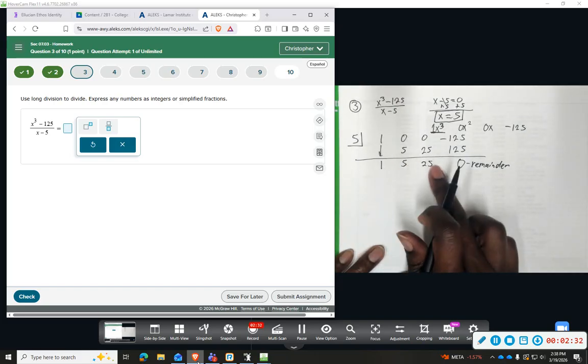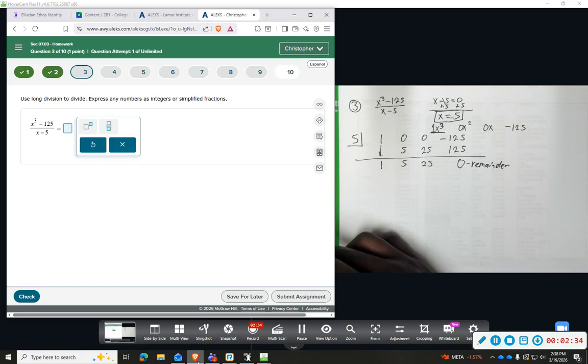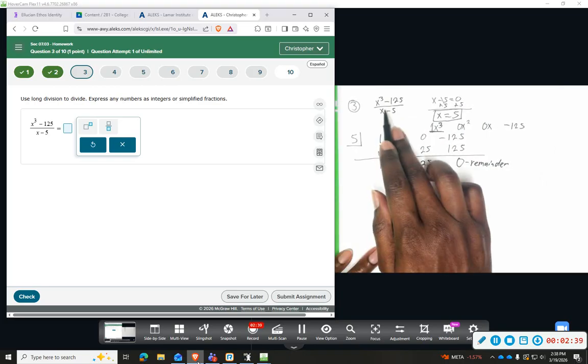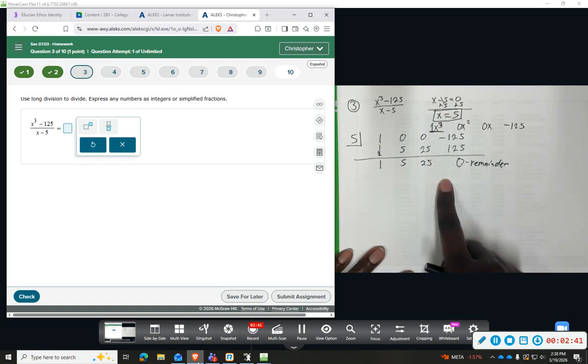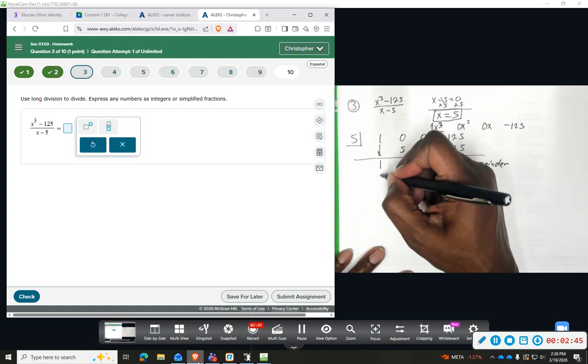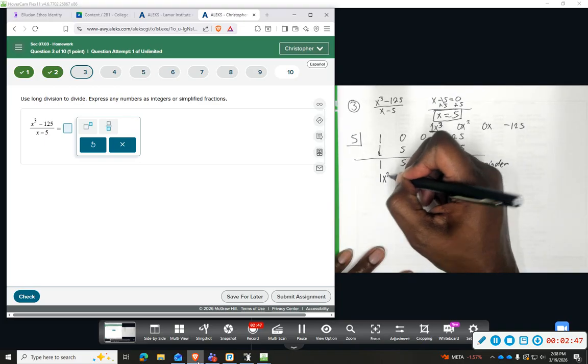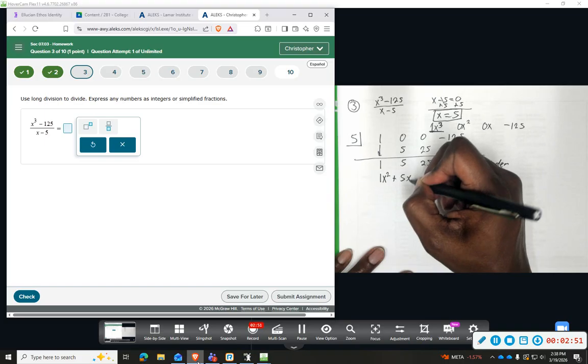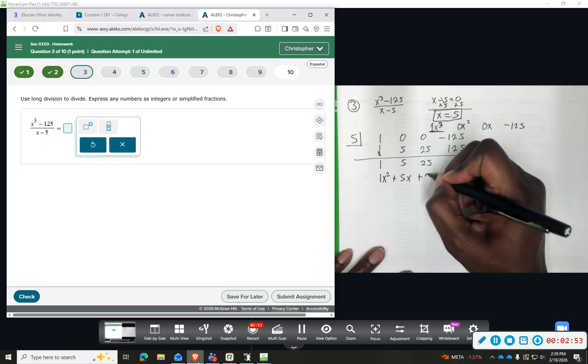These numbers are the coefficients of your remaining polynomial. So we started with x to the third. Okay, we're dividing by x, so we're going to reduce the power by 1. So now we're starting with x squared. So this means 1x squared is positive, so plus 5x, and then plus 25.